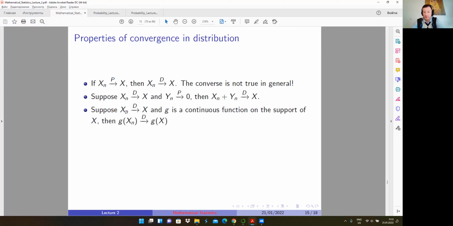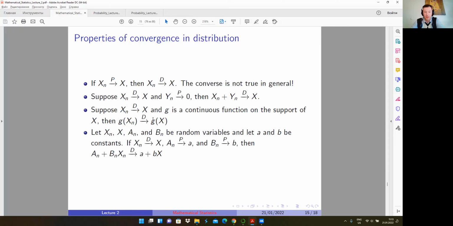If I have a variable that converges in distribution to another variable, and I have some function g, which is a continuous function on the support of x, then the function of this sequence converges in distribution to the function of this random variable. This is similar to convergence in probability and functions. And this is called the Slutsky theorem. The same Slutsky as you heard from microeconomics.